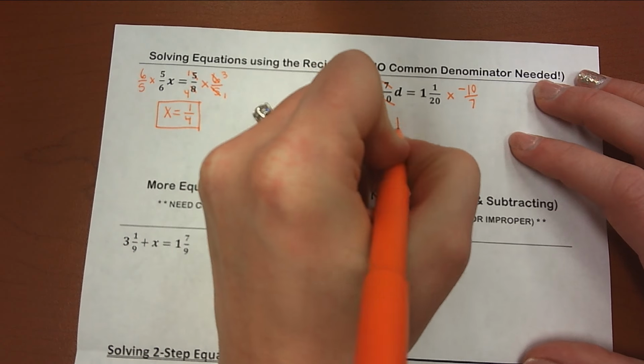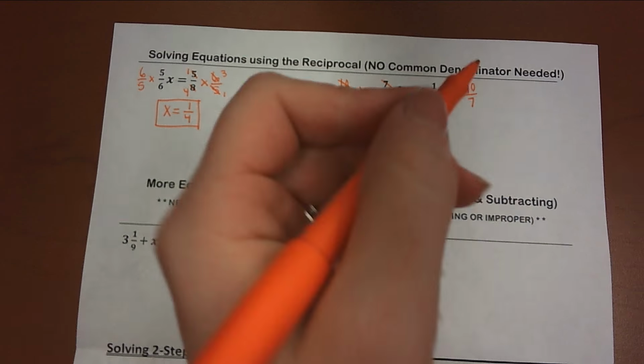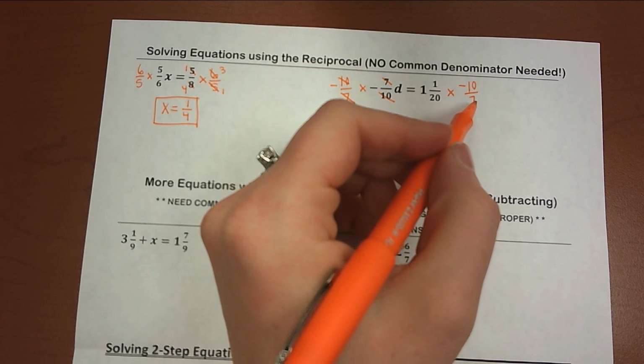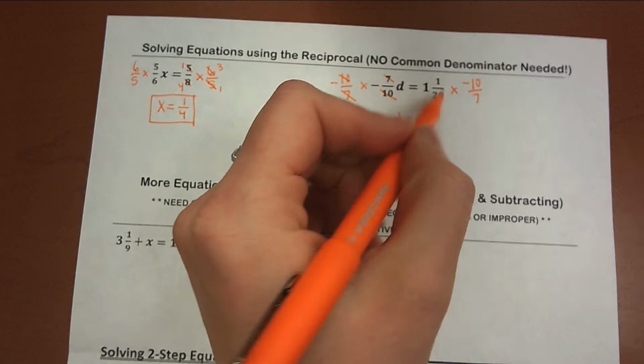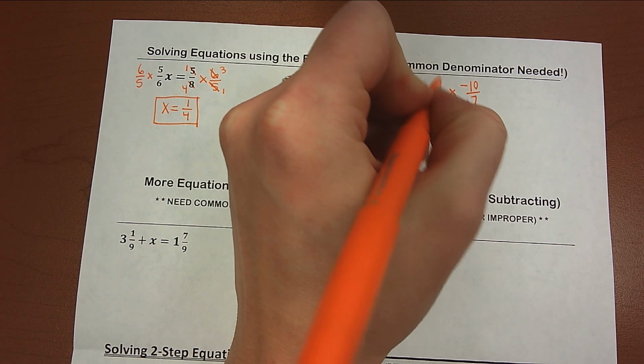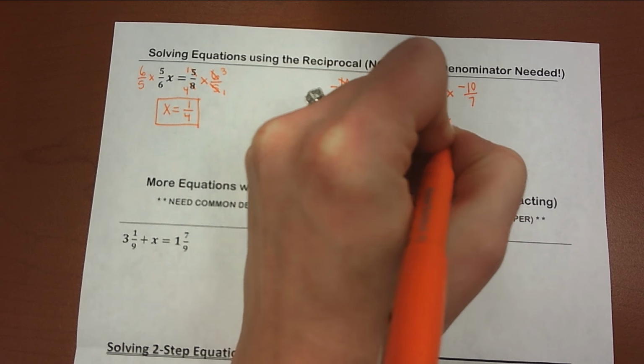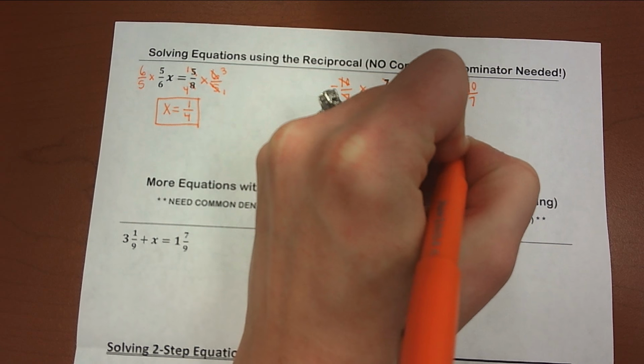On this side, before I can multiply 1 and 1/20 times -10/7, I'm going to have to change my mixed number to an improper fraction. So 1 times 20 is 20, plus 1 is 21/20, times -10/7.